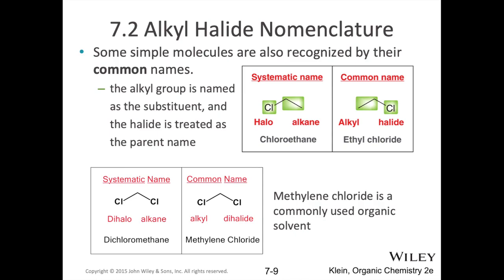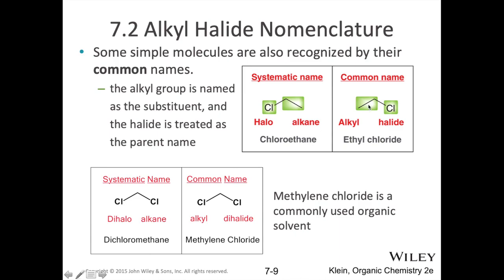So we have an alkane name here, and we end with that alkane, with the ane suffix because we're dealing with an alkane. We treat the halogen as a substituent, and so we use the root word there as a prefix. For example, here we have 2 carbons in our alkane, so our root word is going to be ethane. And since we have a chlorine as our substituent, we take that root word chlor and add an O to it. So it just becomes chloroethane.